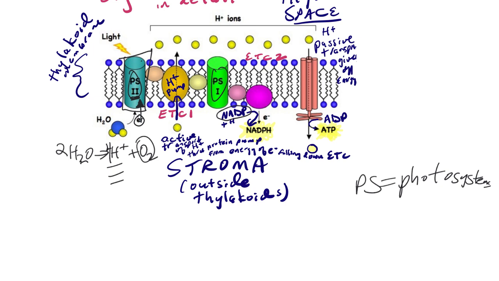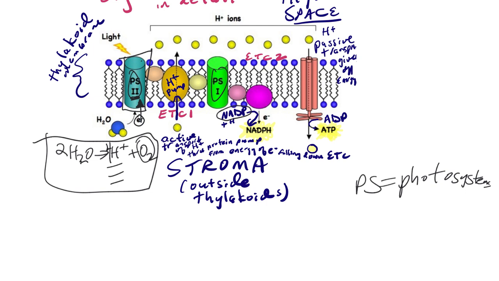So you have to replace those electrons to the chlorophyll, or else there won't be any other electrons that can be energized. So that's the point of why water is split during the light reactions, releasing H plus ions and oxygen gas.